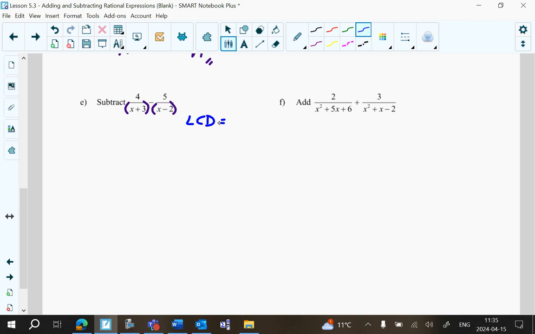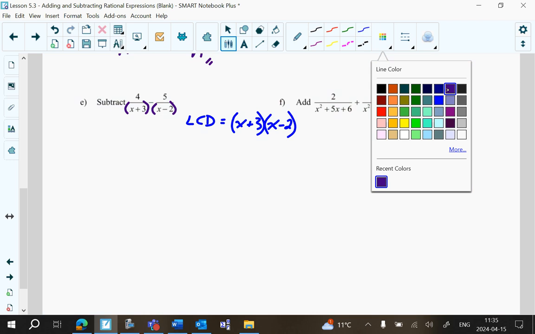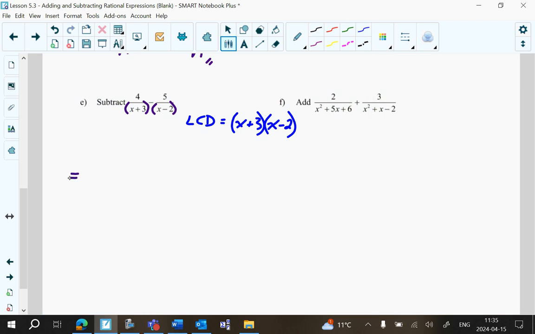You just have to show what the LCD is going to be when I multiply these two. You don't have to multiply it through. Don't. It'll make it more complicated. Okay, so yeah, hang on. So our lowest common denominator is x plus 3 times x minus 2.